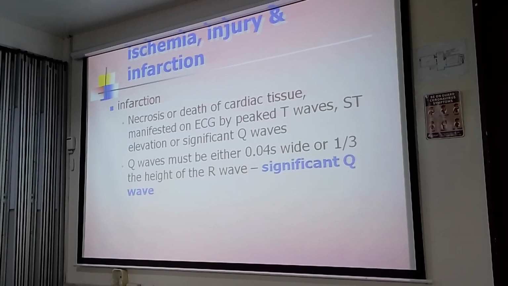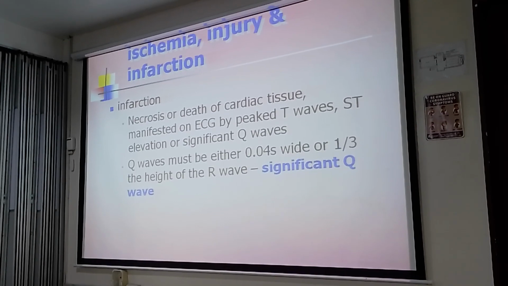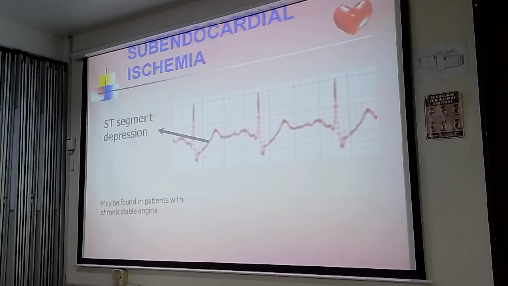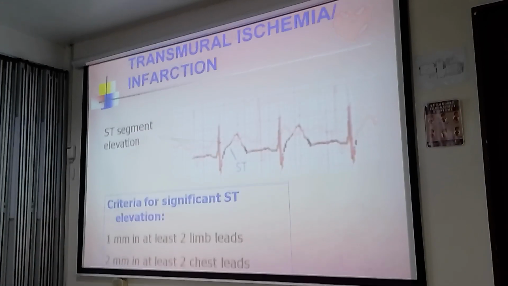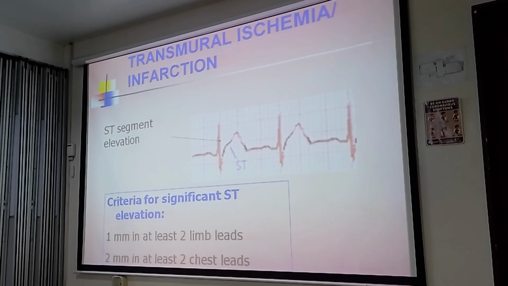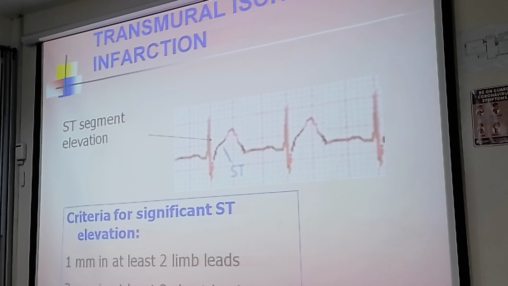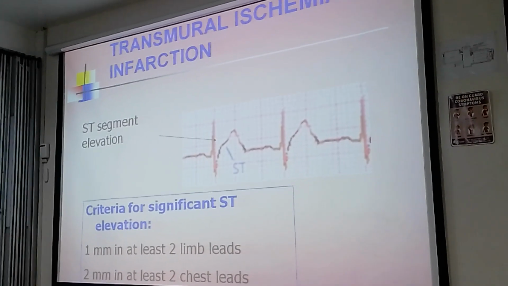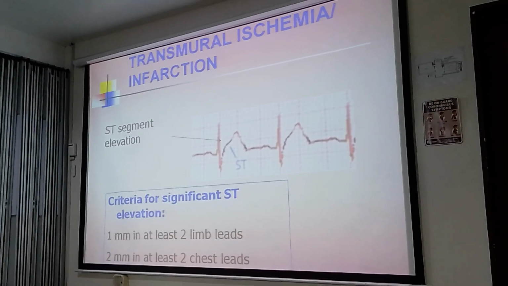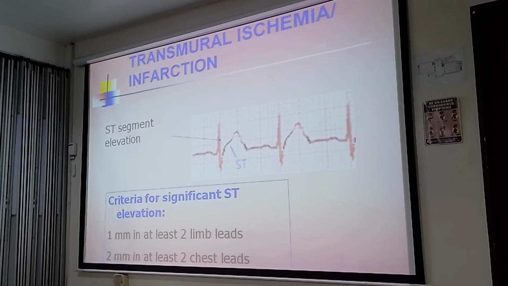That's a pathologic Q wave. You have ST segment depression, ST elevation. In the chest leads, the significant elevation is 2 mm in at least 2 contiguous leads. For the limb leads, 1 mm ST elevation.